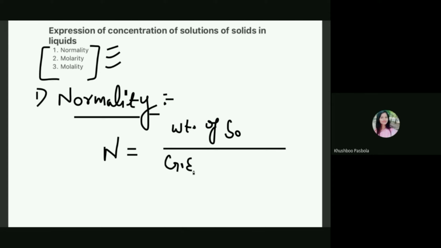Here I am denoting the gram equivalent weight by GEW. GEW is a gram equivalent weight of a solute, into volume of solvent in liters, so in subscript there is an L, volume in liters. So this is the formula for normality: normality is equal to weight of solute divided by gram equivalent weight of solute into volume in liters.